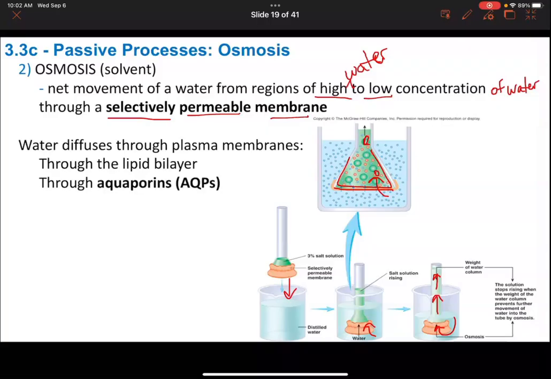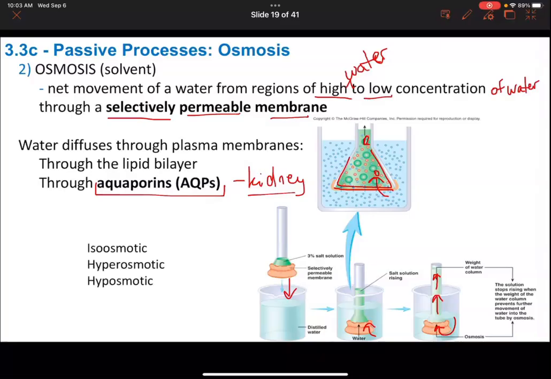The other way that water can quickly go across the membrane is through special channels that sometimes are produced or placed in the membrane called aquaporins. These aquaporins are specifically meant just for water, and you can find them most commonly in the kidney when we need to control how much water is being reabsorbed or released into the urine.